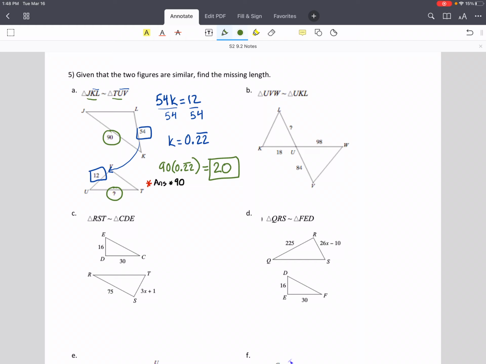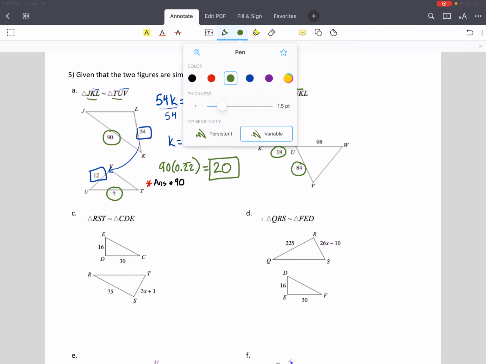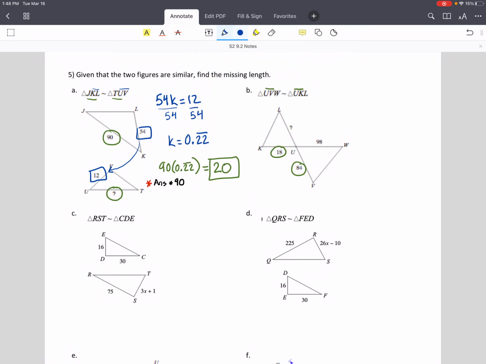So if I'm looking at KU, it's over here, which means it's going to line up with UV. And now I have UW and UL. So that means I can find the scale factor.